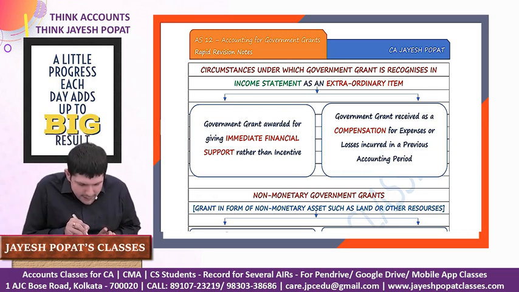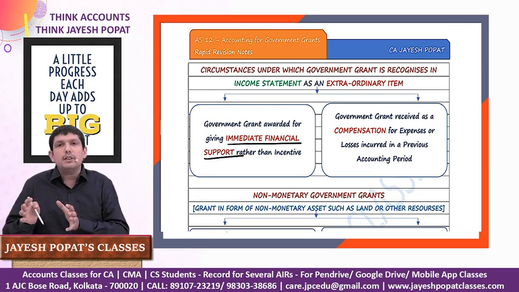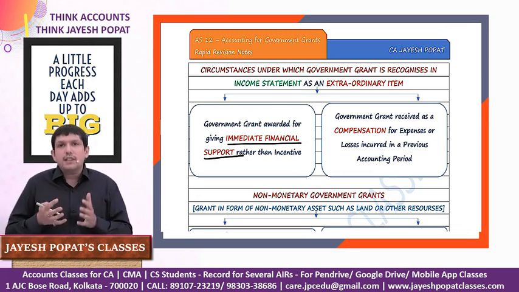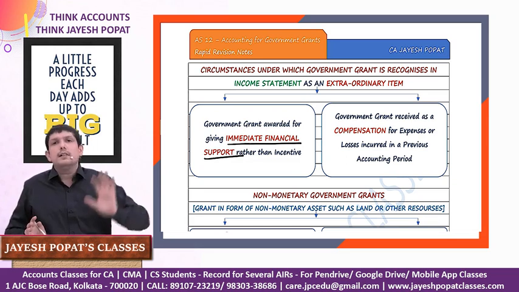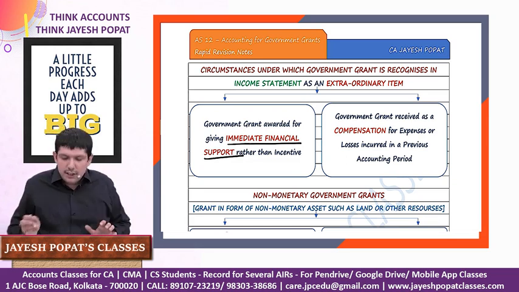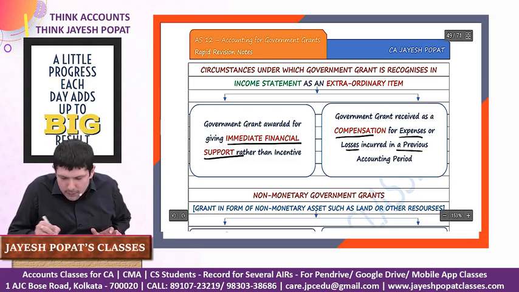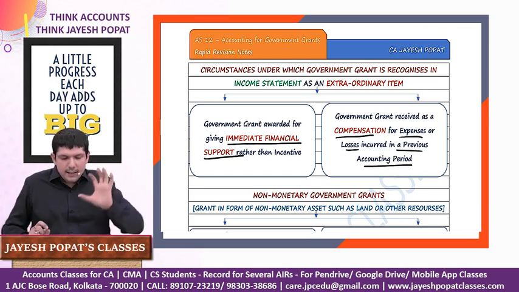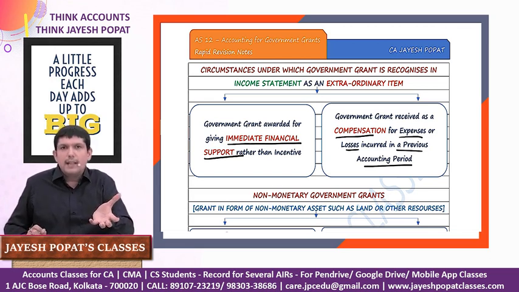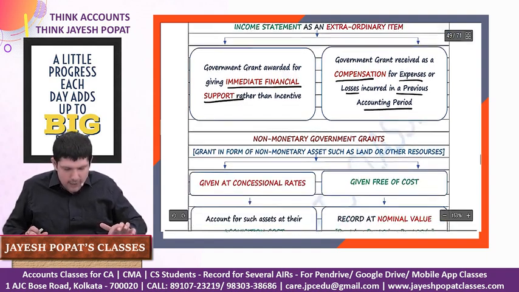One, when it is received as immediate financial support: maybe that particular industry or undertaking is going through financial hardship, and to bail that entity out, the government has provided some grant for immediate financial relief. Or two, it is a compensation for expenses or losses incurred by that enterprise in the previous accounting period. So in this case, there are no terms and conditions it had to comply with. It has been given to help that enterprise survive, and therefore these will be treated as extraordinary items.